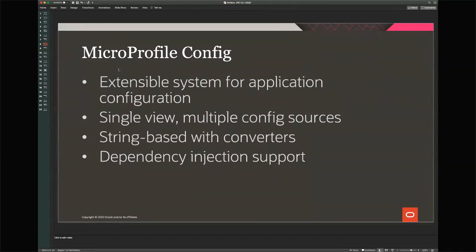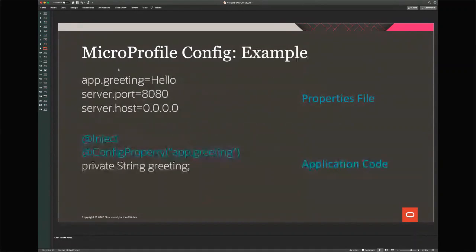It is generally string-based, but with converters to Java types. And of course, you can inject your config as expected with these Java EE style APIs. So here we have a little example of code that uses config. In this case, we have a property file defining some properties.